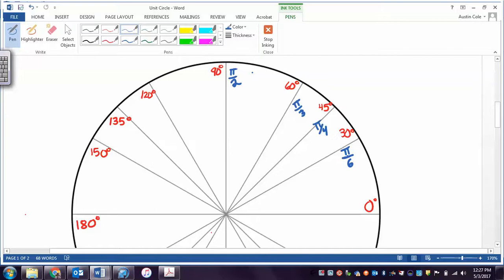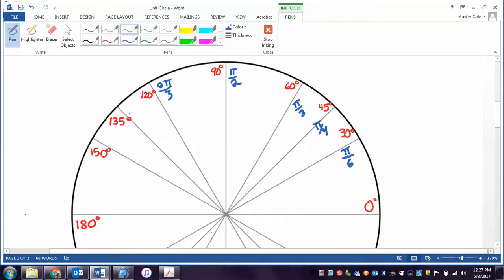Okay. How about 120 degrees? Two pi over 3. Okay. 135 degrees. What was that one? 3 pi over 6, right? Not quite.